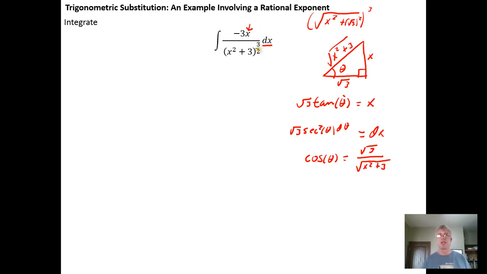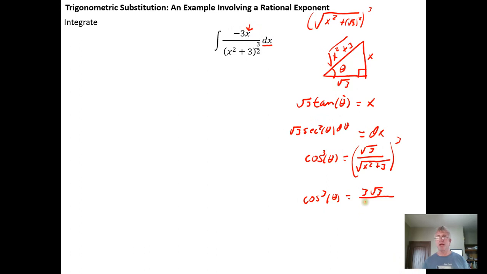And then to get the 3 halves power in the denominator, right now I have the half power, I'm going to need to cube both sides. So cosine cubed of theta is the same as the square root of 3 cubed, which is root 3 times root 3, which is 3, times another square root of 3. So we get 3 square root of 3 out of that.